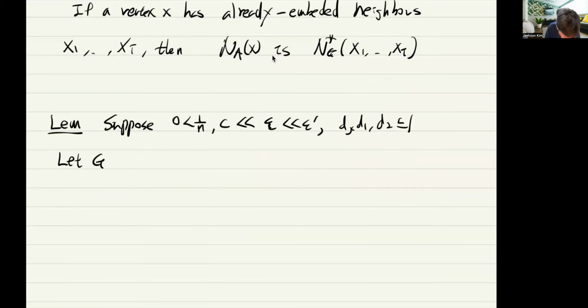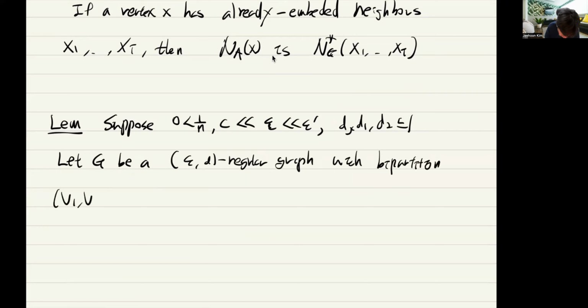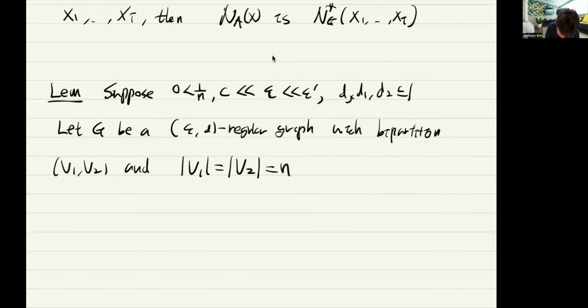Then let's say let G be an epsilon-regular graph with bipartition V1 and V2, and both of them have the same size n. And it is superregular in a stronger sense, meaning that the degree of each v is d plus or minus epsilon n for all v.